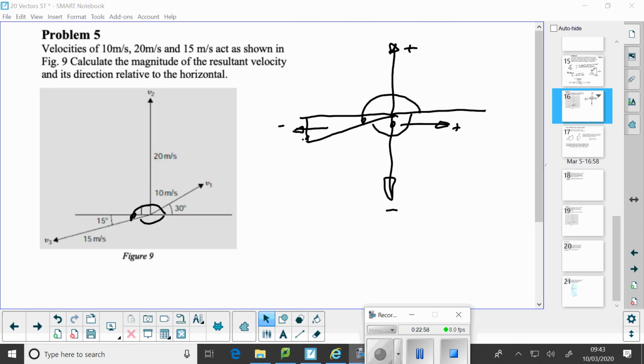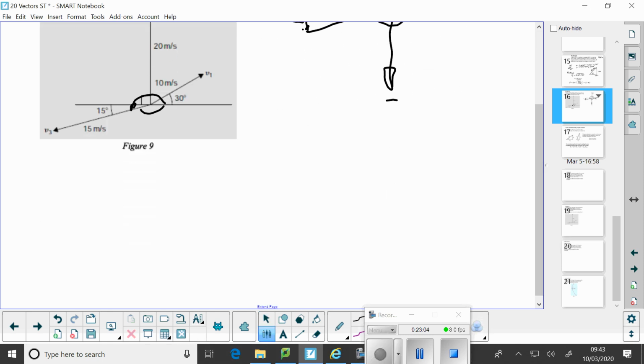Right then, let's just go through this problem and the final answer, because it is a little bit tricky. I'm not going to go through all the detail, you should have a total horizontal component of minus 5.829, maybe slightly different, depending on your rounding.